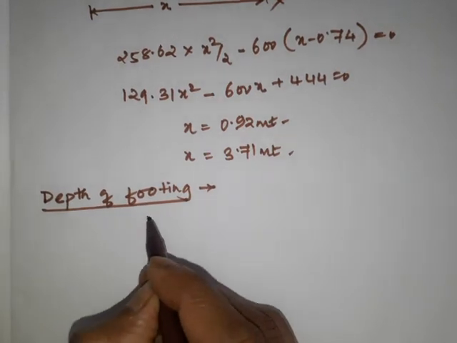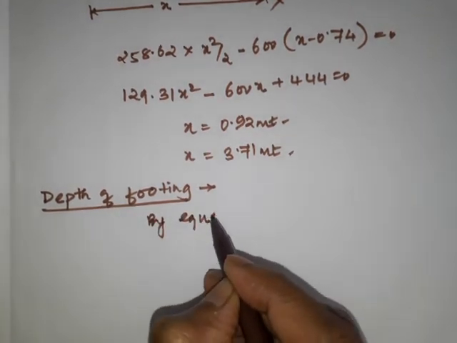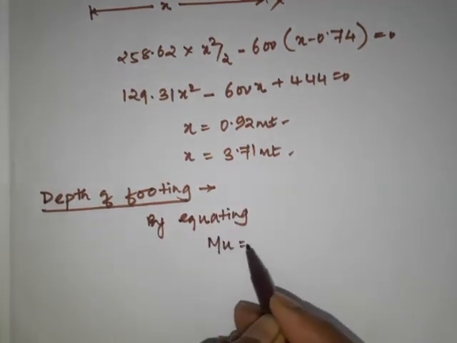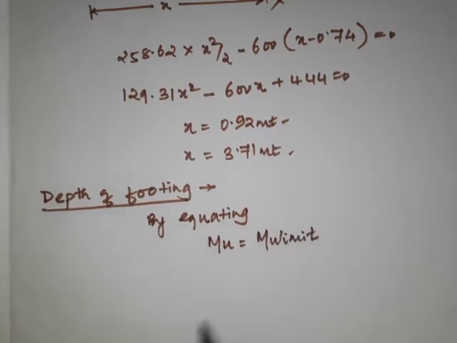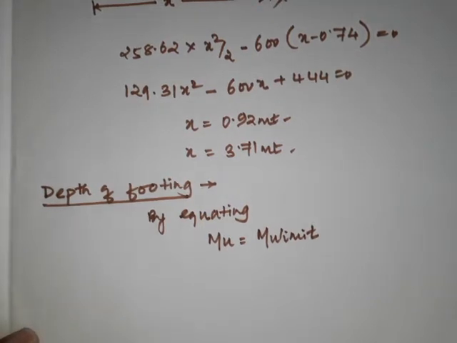By equating Mu equal to Mu limit, you have to go for Mu for the maximum bending moment.